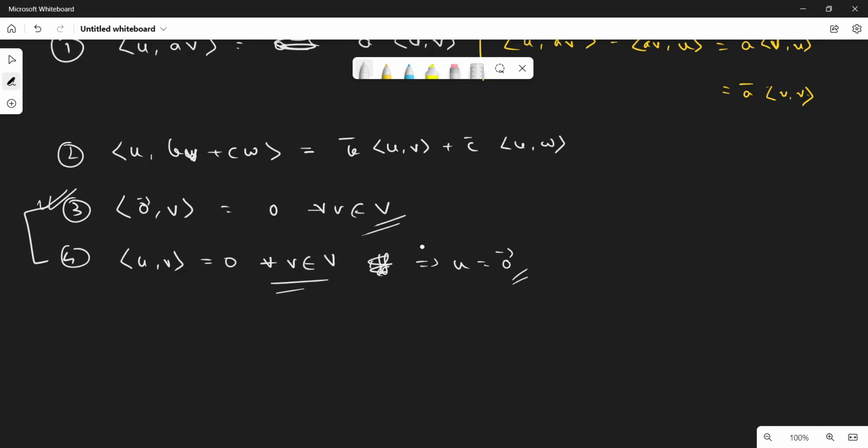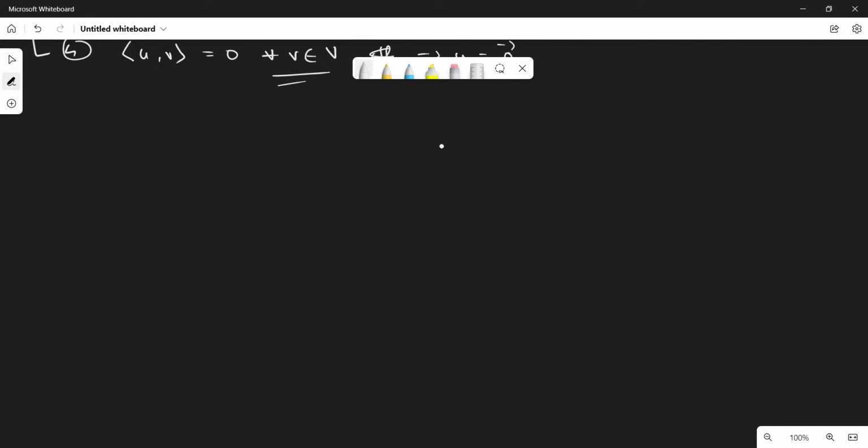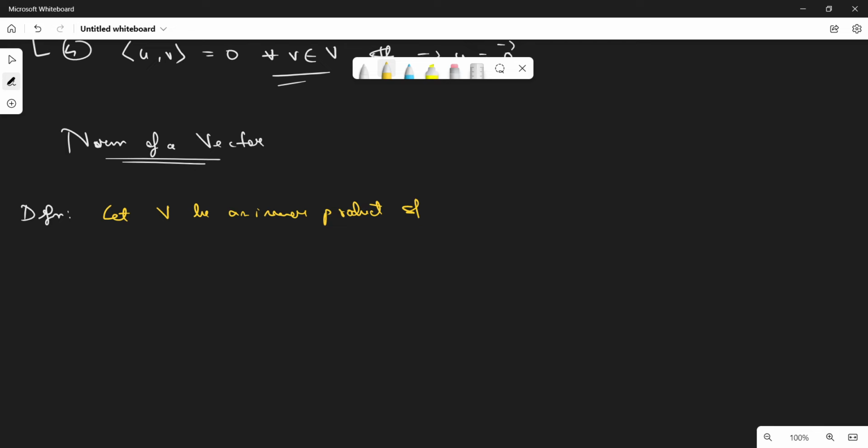Now the next concept in inner product space gives you the term norm of a vector. So let us first understand the definition of what is a norm of a vector. Let V be an inner product space.